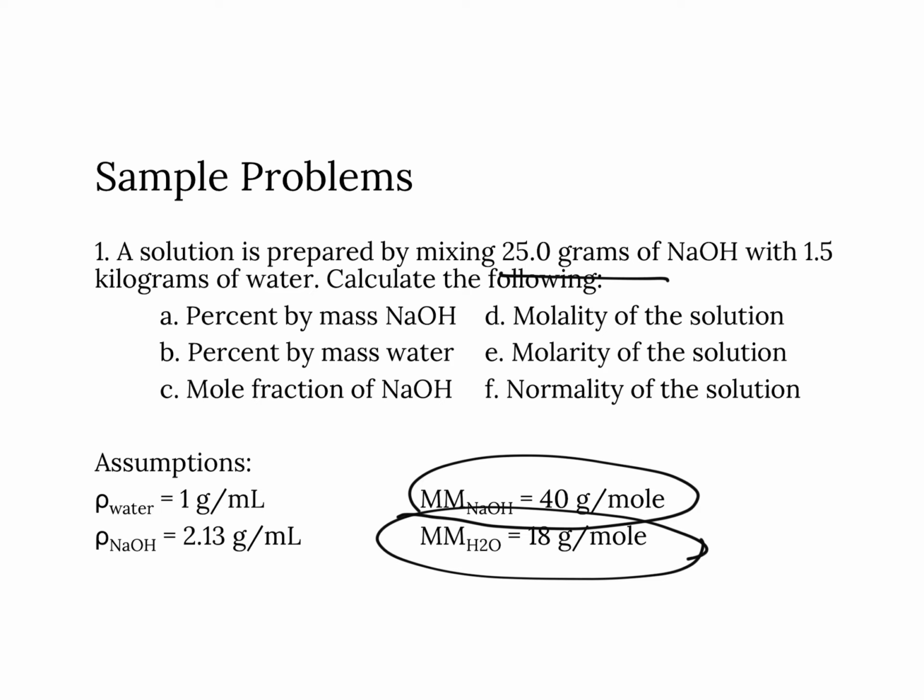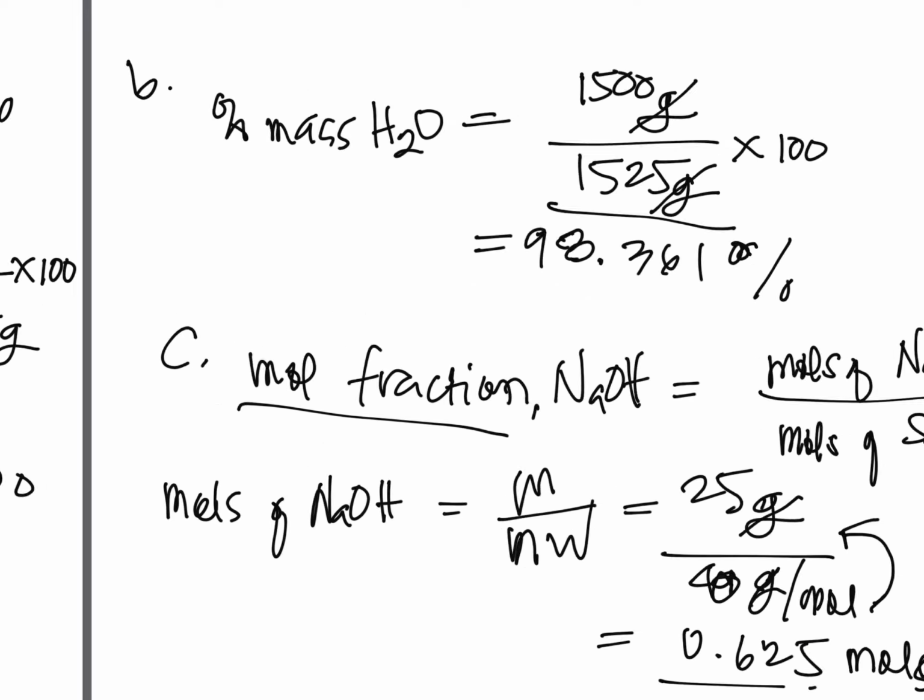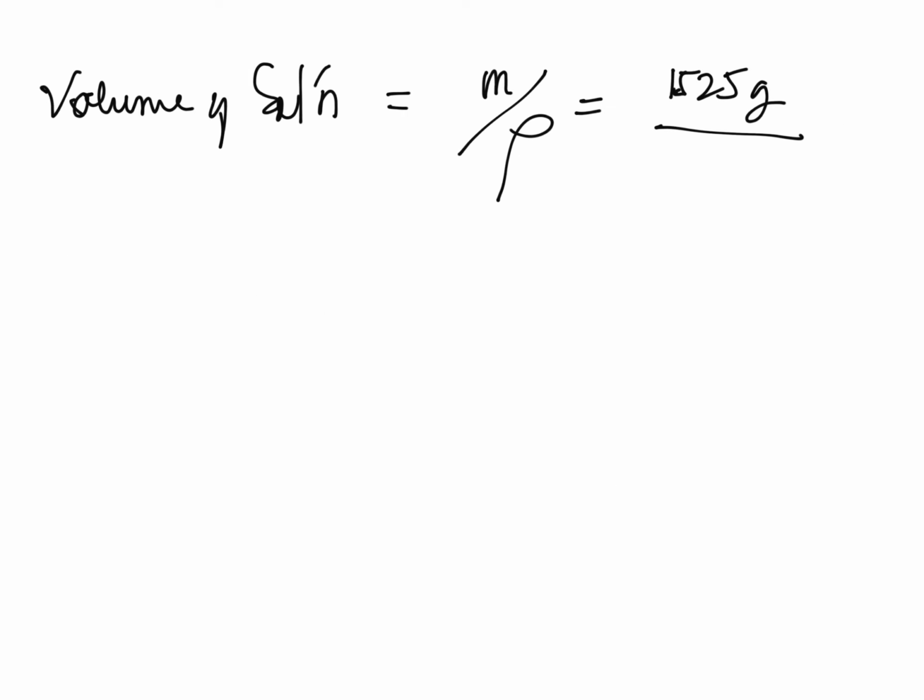Or the other option is we can convert the grams of the sodium hydroxide, and then converting also the other one, the 1.5. What about we're going to try doing that, because the given that we have is not the density of the solution but the density of each component.